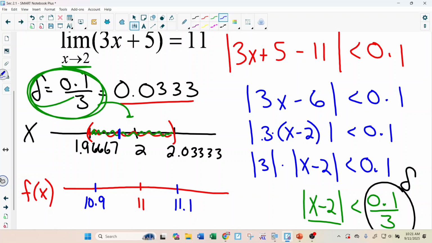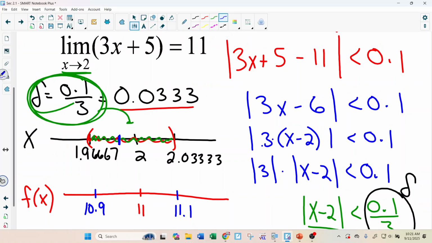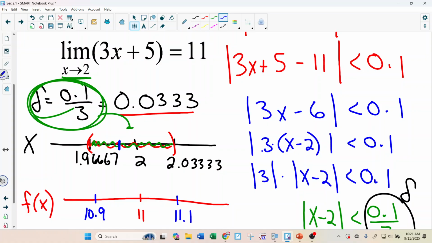Whatever that number is, if you plug that into our equation, the functional value would be about right here, and that would be within 0.1 of 11. So if you pick an x this close to 2, your answer will be within 0.1 of 11. Does that kind of make sense?